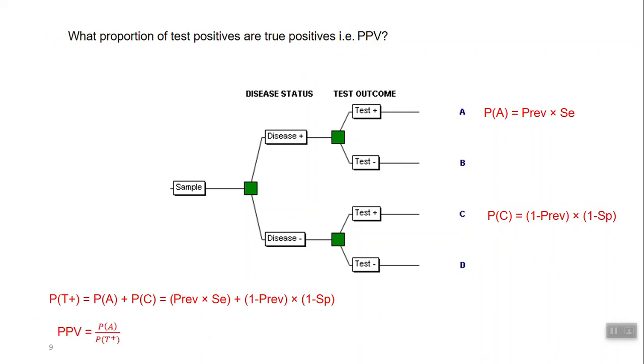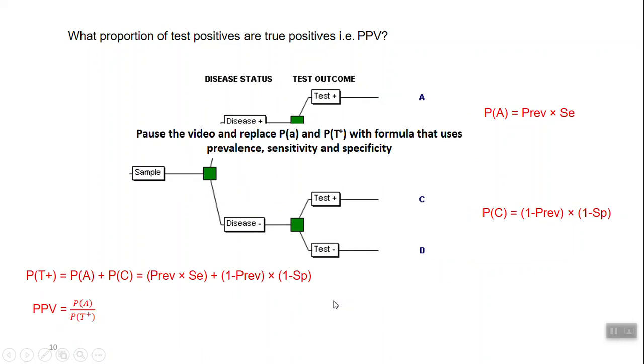Which we can write in probability theory as going to be the probability of A divided by the probability of being test positive, which we know is this. So what I'd like you to do now is pause this video and substitute in the values for the probability of A and the probability of test positive to see what you get.